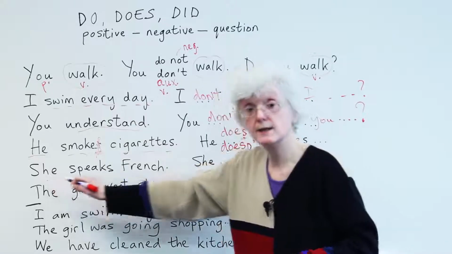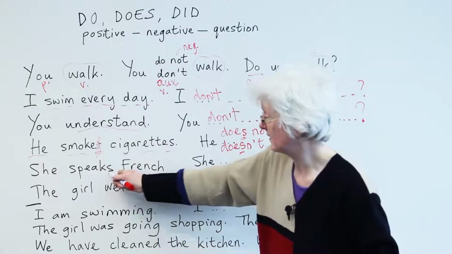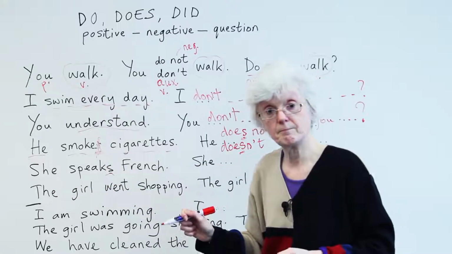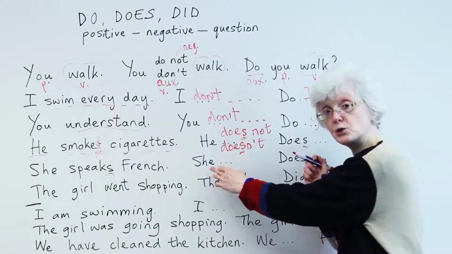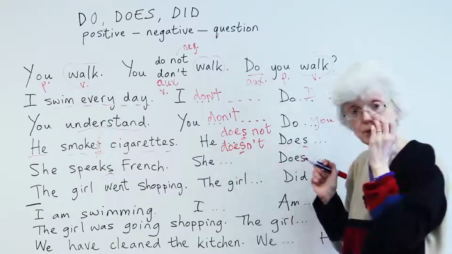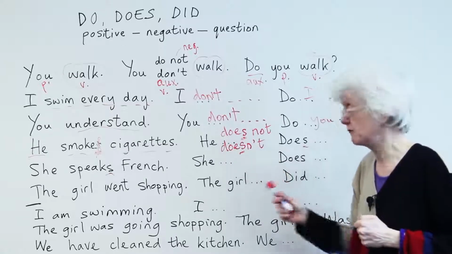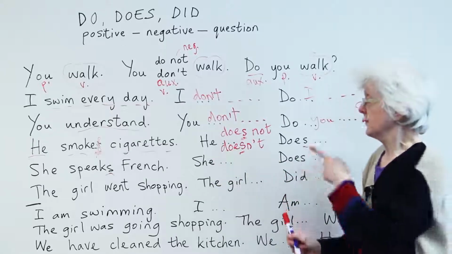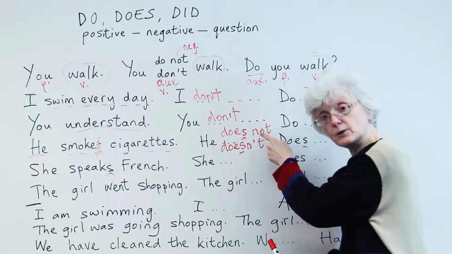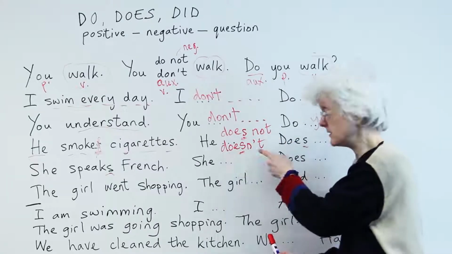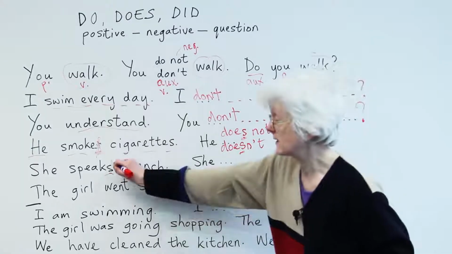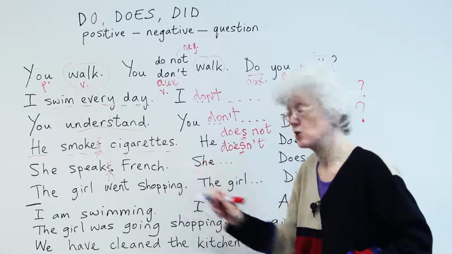So, she speaks French. So, how would you put the negative? See if you can work that out by comparing it with the he above. She does not or doesn't speak French.